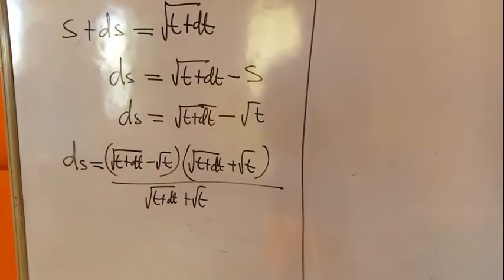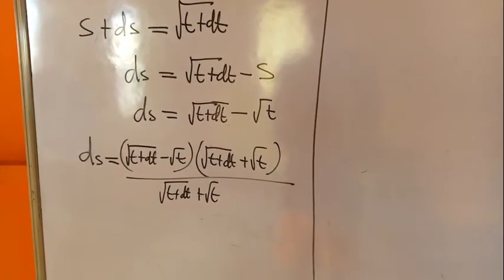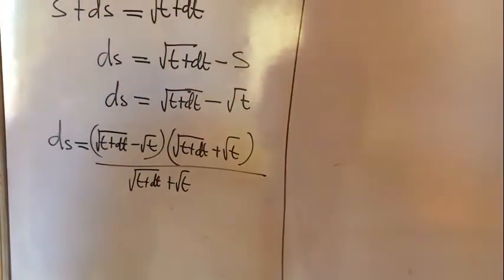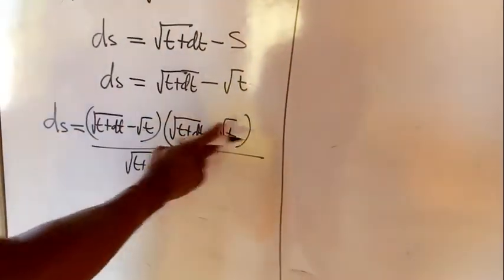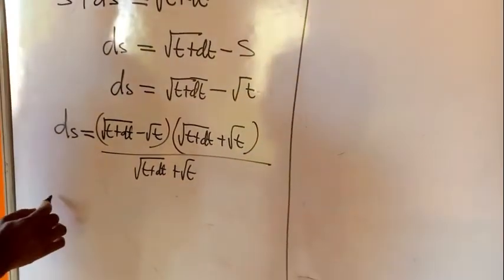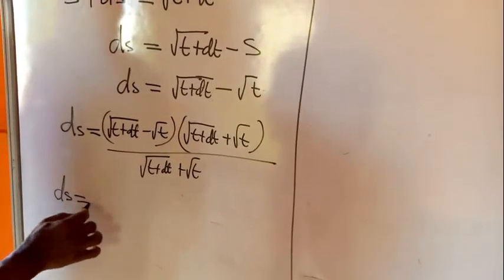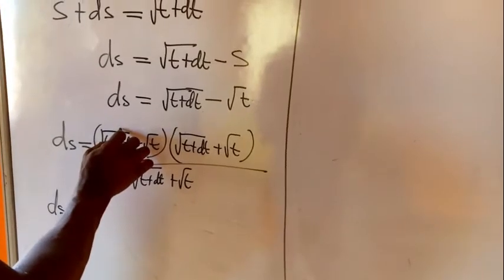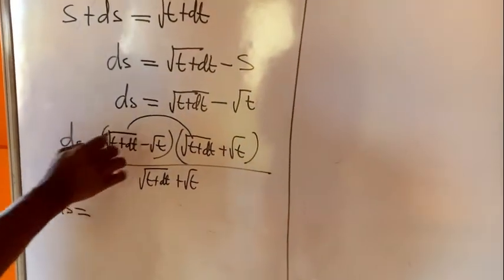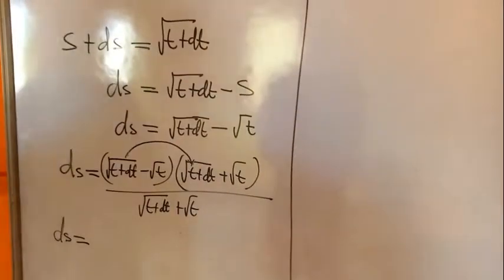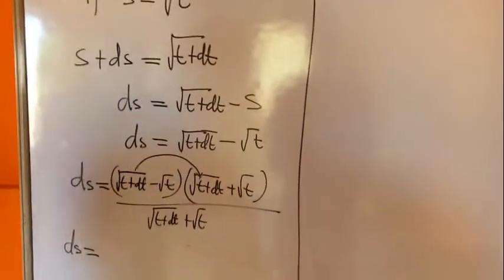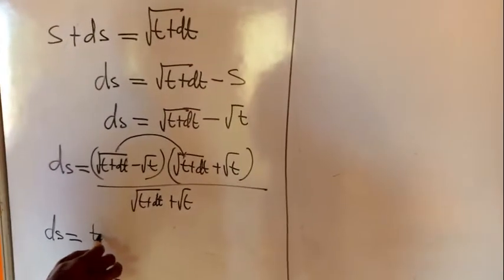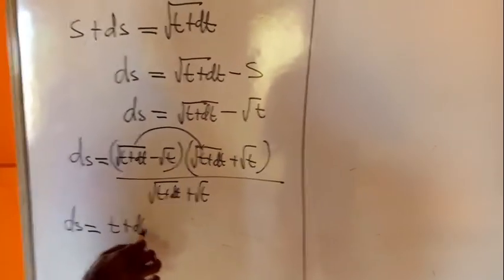Now the next step is to try and do what? Do your expansion. What are we going to expand? Let us try and expand the denominator. So you have the δx equals to, let's see whether we'll do it. Expand. If you multiply it, the roots will multiply themselves, normal surd. So what you are going to have is t plus dt.